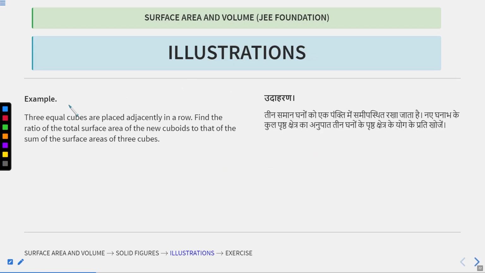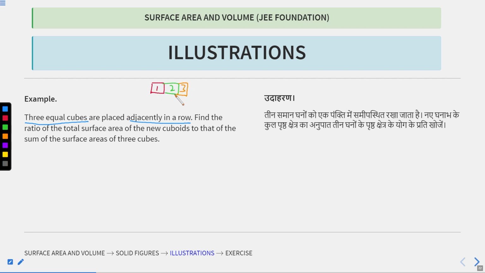So the first question says if we have three equal cubes placed adjacently in a row. That means we have this cube 1, this cube 2, and there's another cube 3.